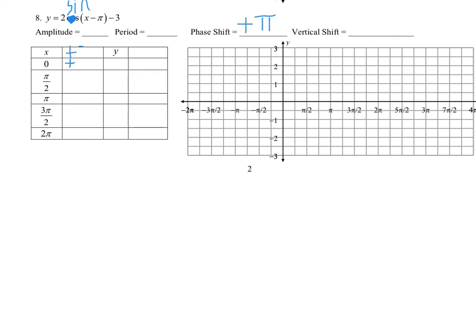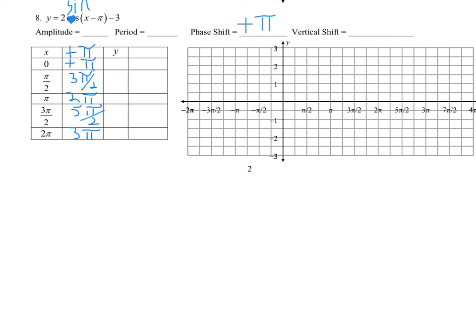So to 0, we have pi. To pi over 2, we add pi, we get 3 pi over 2. Then if we add a pi to a pi, we get 2 pi. And then 5 pi over 2. And then we get 3 pi.